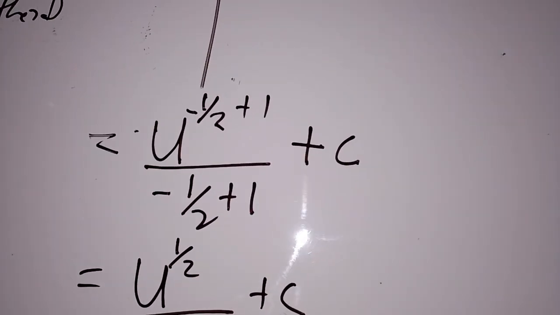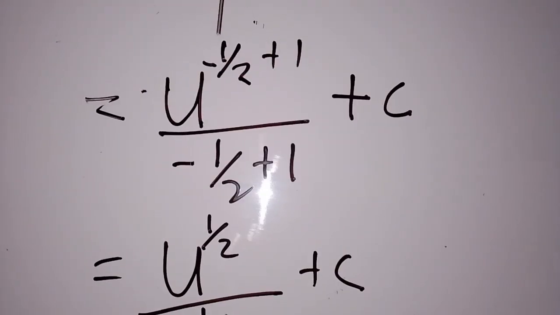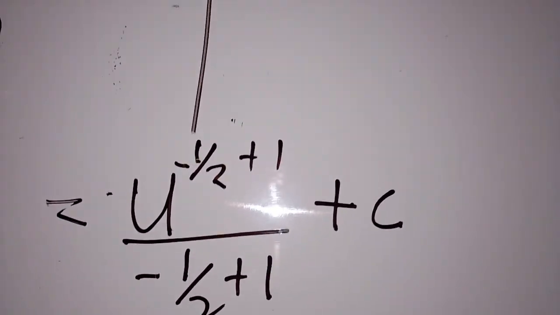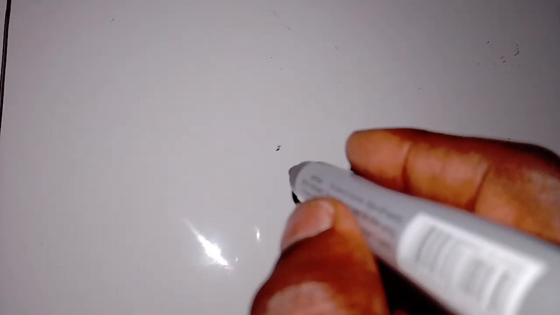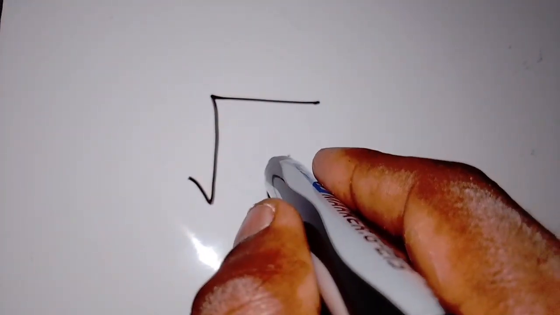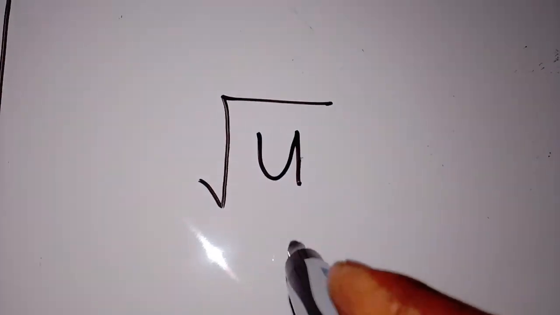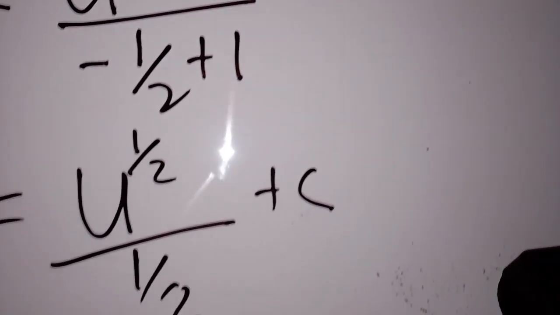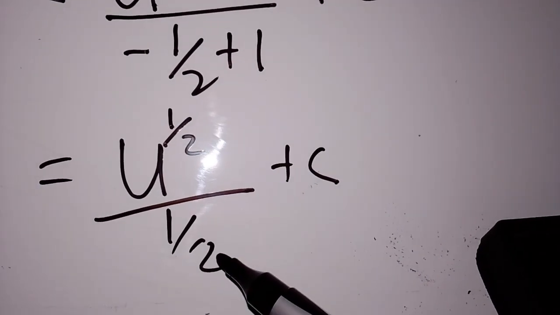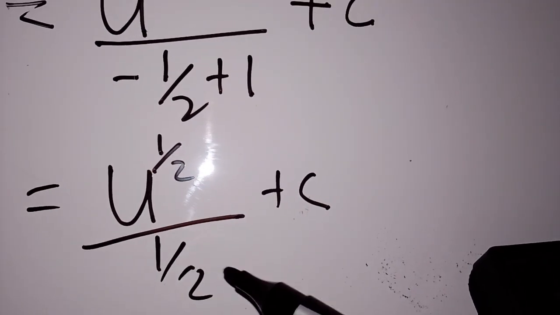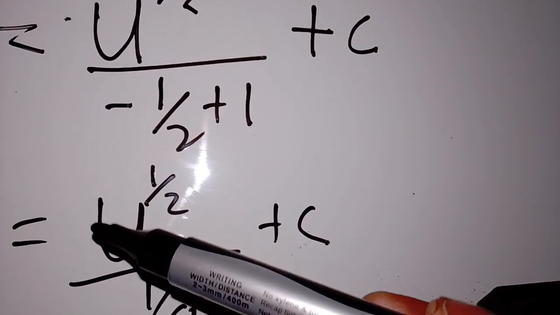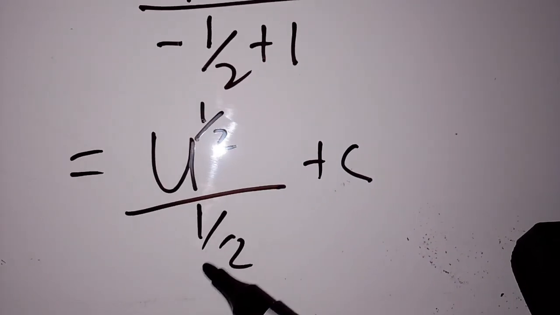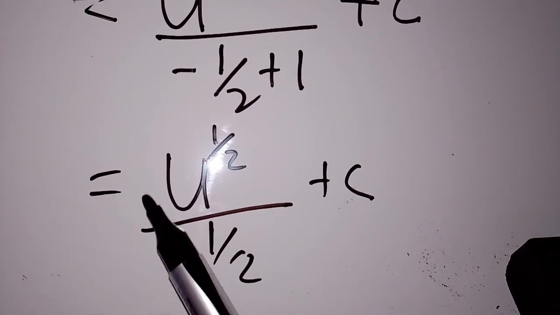Okay, we can simplify from there. We can simplify and say square root u. Since we are dividing, remember what we said, when you divide by 1 over 2, then 2 will be on top, and 1 will be down. So here you are going to put 2 there.